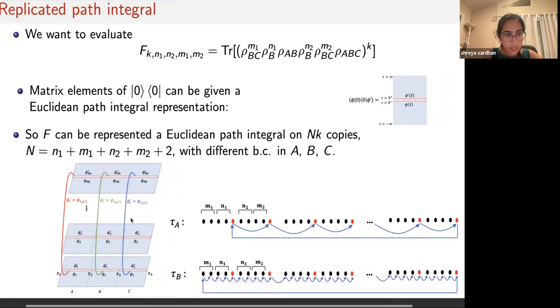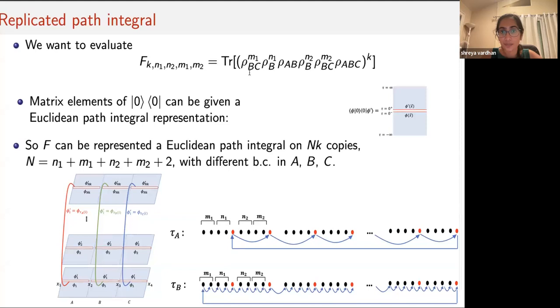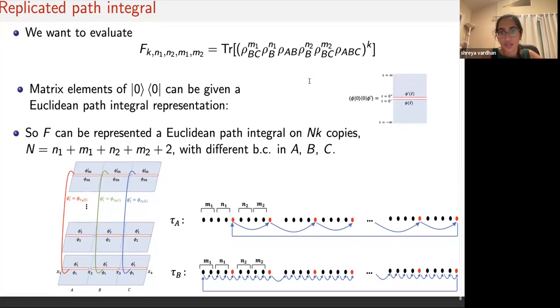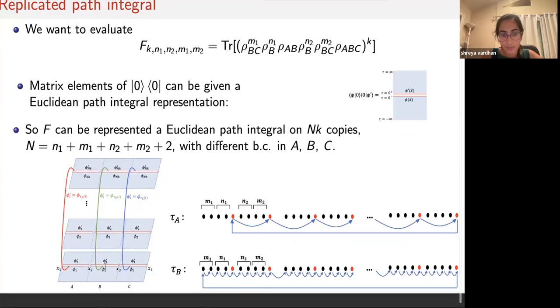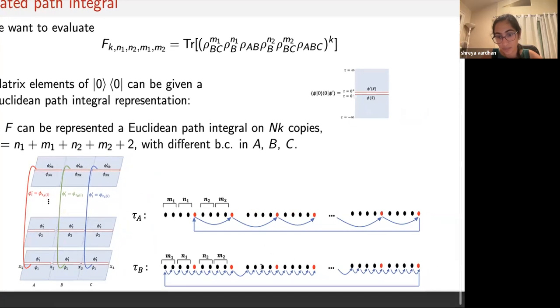And we can work out what permutation we should use to glue these copies together just by looking at this expression. So one simple thing that we can observe is that the region B is not traced out in any of these copies. And as a result of that, we should just successively glue together phi1 prime to phi2 prime to phi3, and so on. So we just get one big cycle in the permutation in B.